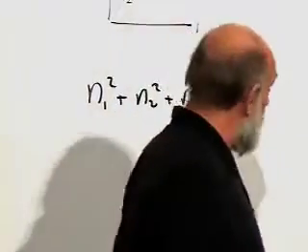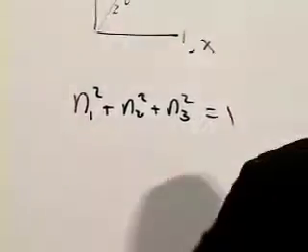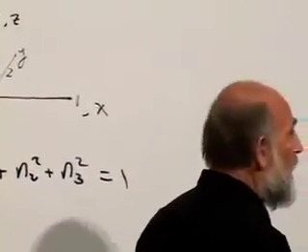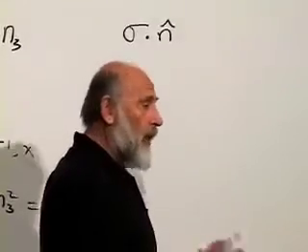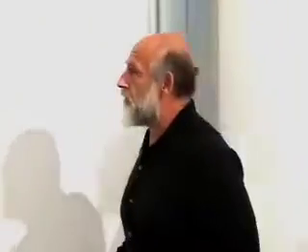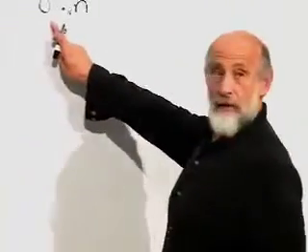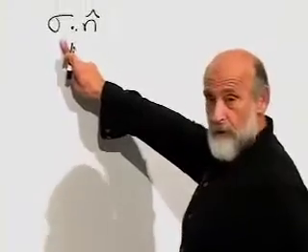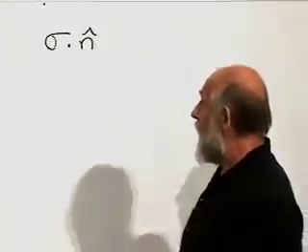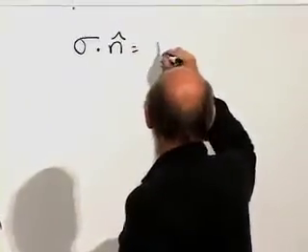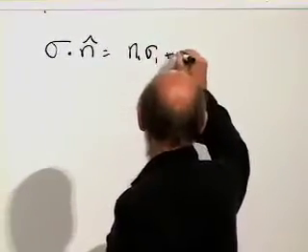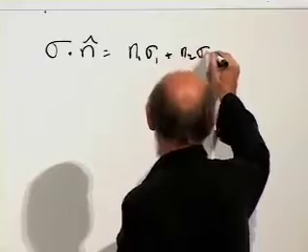That's the definition of a unit vector. And sigma dot n, this is the ordinary space dot product, not the inner product of two abstract vectors representing states, but just the ordinary dot product in space of a vector whose components are measurable quantities and the unit vector n. By definition this is n1 sigma 1 plus n2 sigma 2 plus n3 sigma 3.